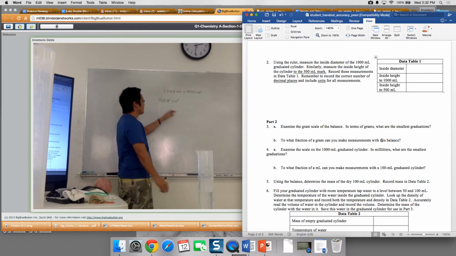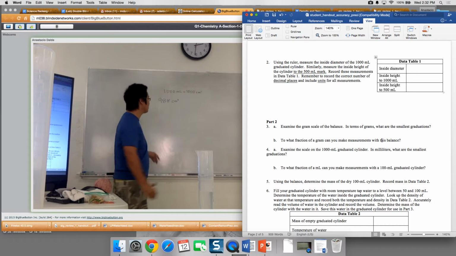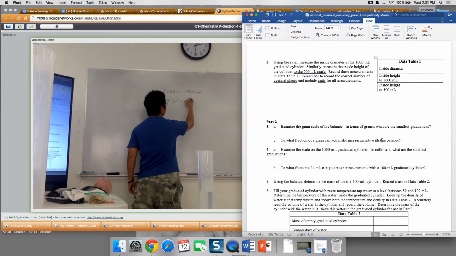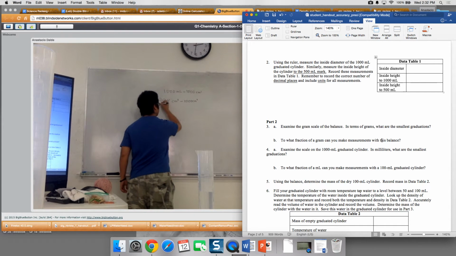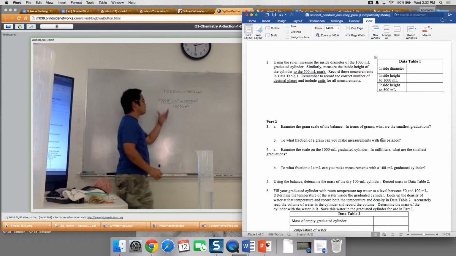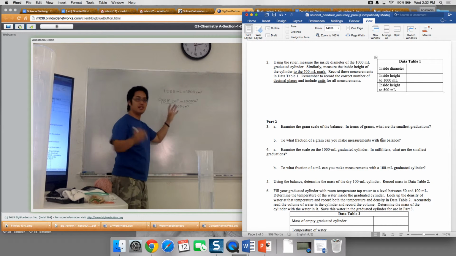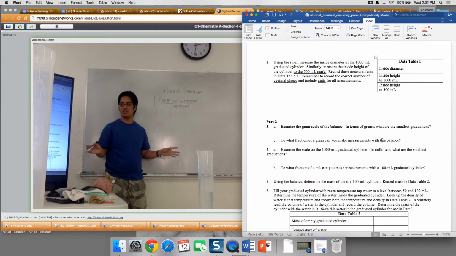We good? All right. So if I measured 988 and the actual answer is 1,000, then here's how I figure out the percent error. I just take my number, subtract 1,000, and divide by 1,000. So you take what you measured minus what it's supposed to be, divide by what it's supposed to be, and then you take the absolute value of that, because you only want a positive percentage.